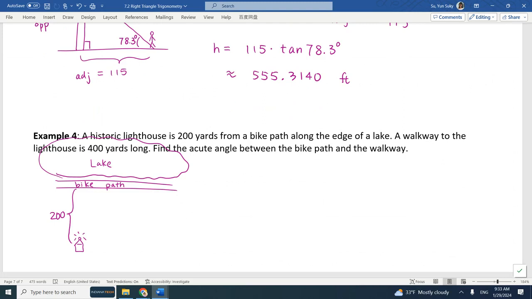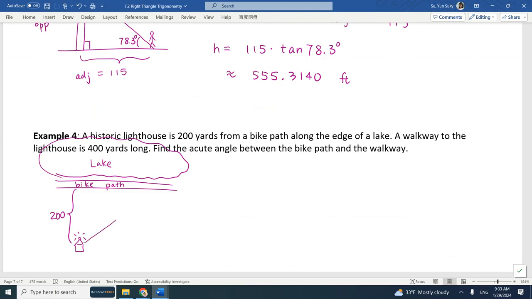So far, so good? Everybody? A walkway to the lighthouse is 400 yards long. Find the acute angle between the bike path and the walkway.